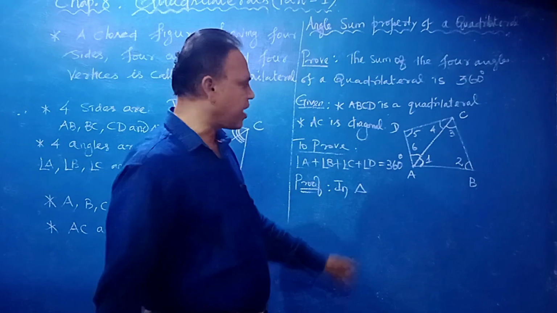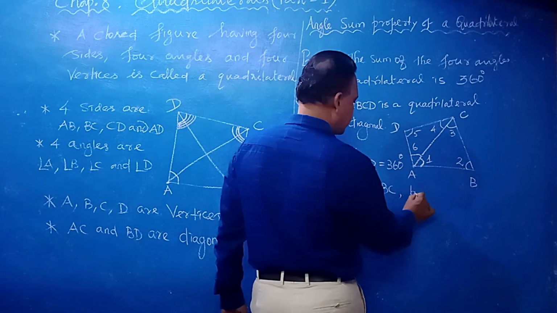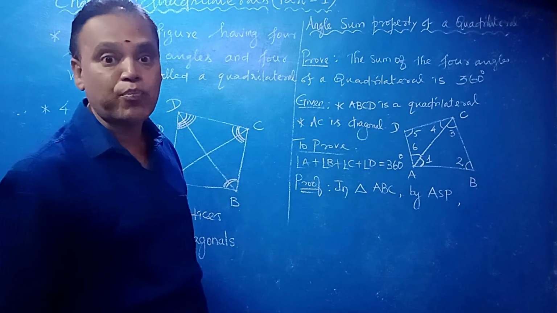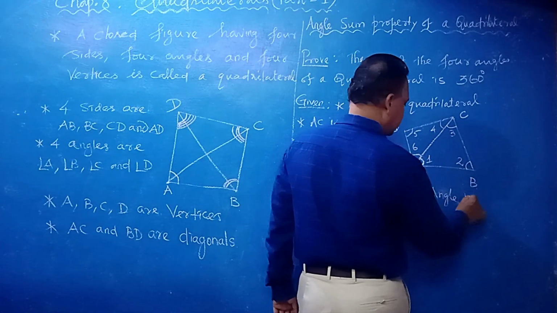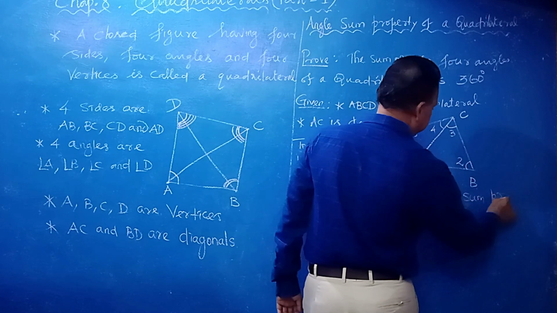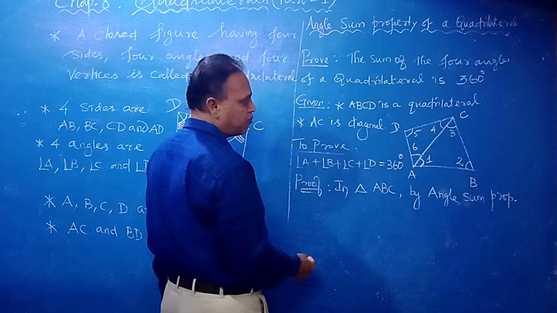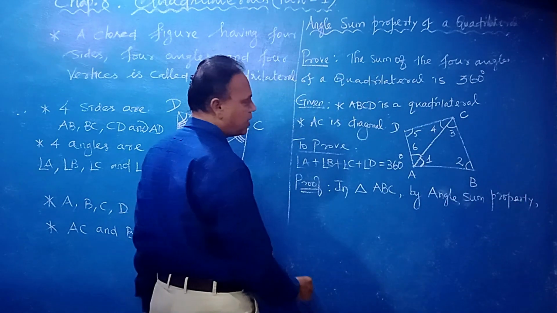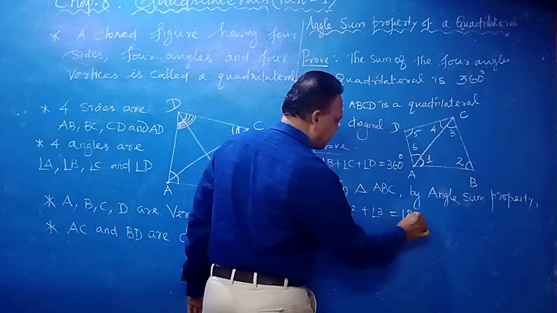Proof: in triangle ABC, by ASP. ASP means angle sum property; in the exam you write it fully. By the angle sum property, angle 1 plus angle 2 plus angle 3 equals 180.